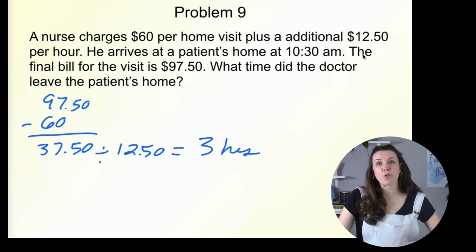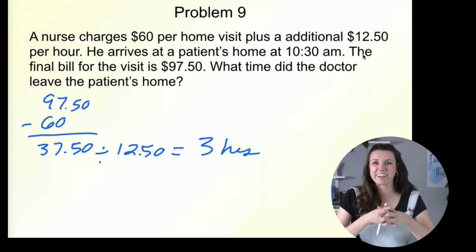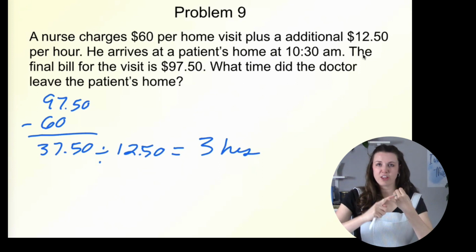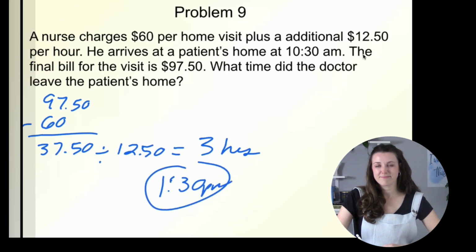But it doesn't want to know 3 hours. It says, what time did the nurse leave the patient's home? So I'm going to say 10:30, 3 hours. I sometimes do it better on my fingers. So 10:30, 11:30, 12:30, 1:30, right? The nurse left at 1:30 p.m.